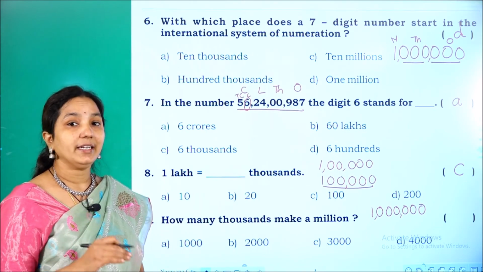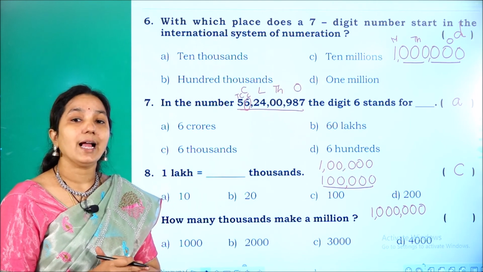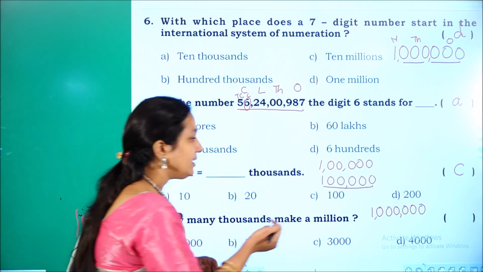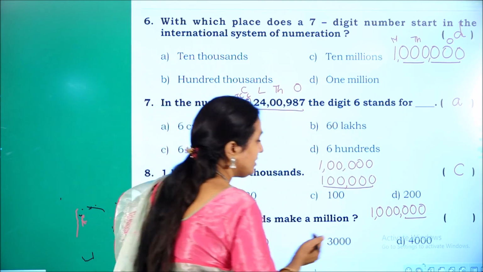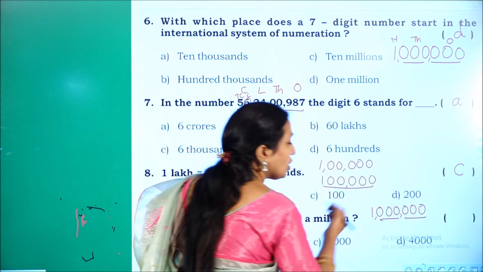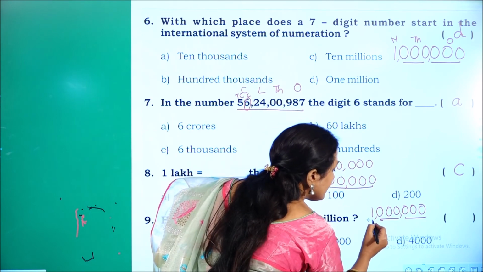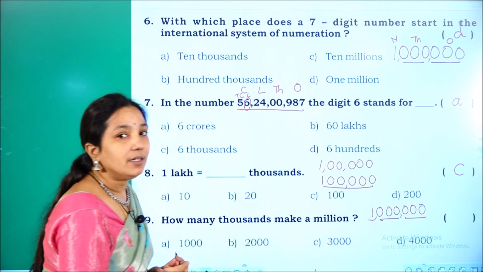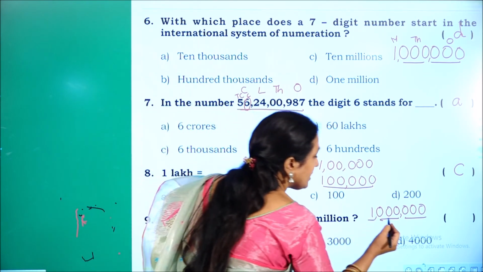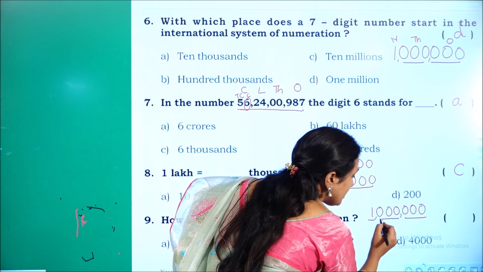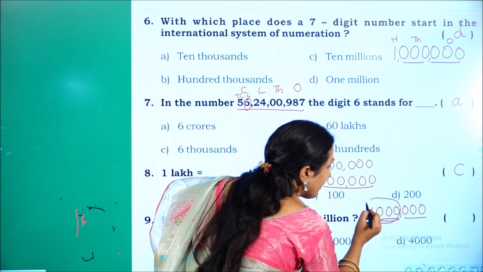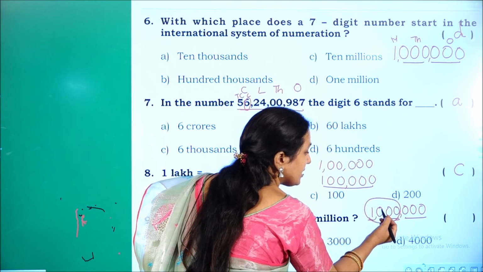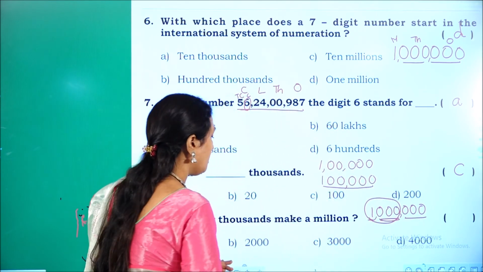So how to identify how many thousands make a million? You already know this period is the ones period, this period is the thousands period, and this period is the millions period. Coming to the complete number, if I read it, what do we get? 1000 thousands.